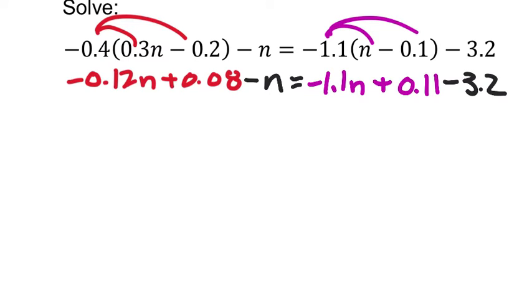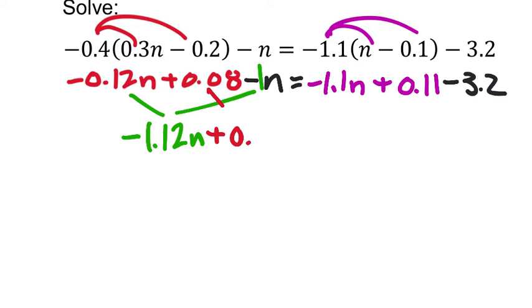So there's some distribution. We do have some like terms to combine. On the left, I've got some n's: negative 0.12n and then negative 1n. These two are going to combine to give us negative 1.12n, with positive 0.08, nothing to combine it with.